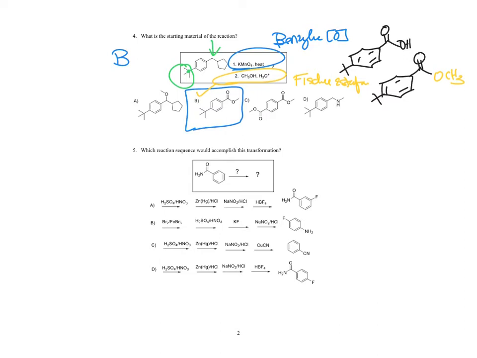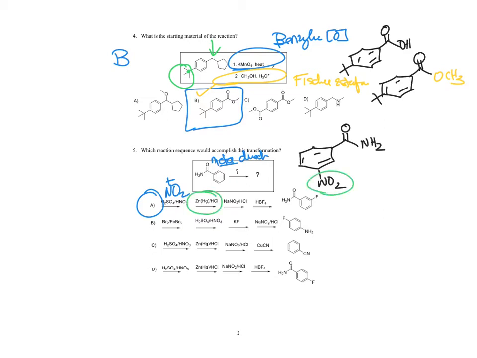Okay, problem number 5, the answer is A. So let's look at this sequence here. This is an amide. It is an ortho-para director, and this is an NO2. So you're going to nitrate the ring. So the first step you're going to get is nitration. And then the next step is going to reduce the nitro, the Clemmensen.